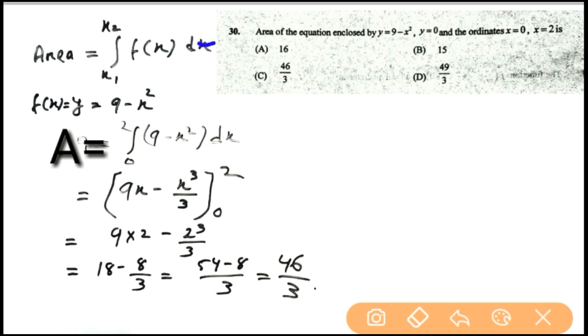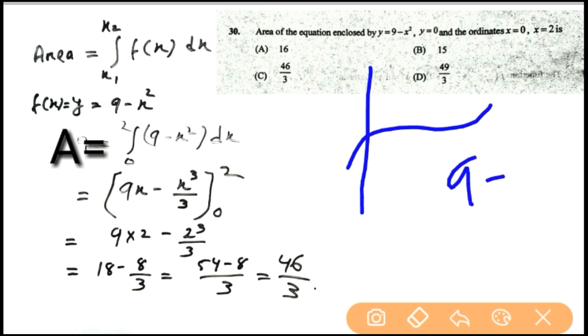In the next question, we have area of the equation enclosed by y equal to 9 minus x square, y equal to 0, and the coordinates x equal to 0 and x equal to 2. So we have an equation which is enclosed by a curve 9 minus x square, where the coordinates of x are 0 and x equal to 2.